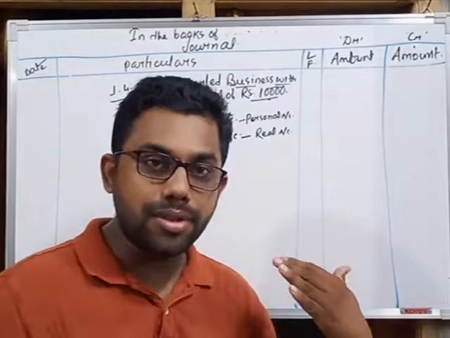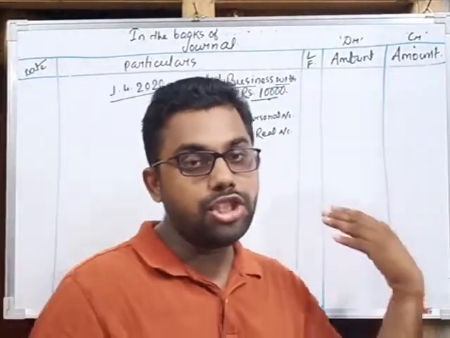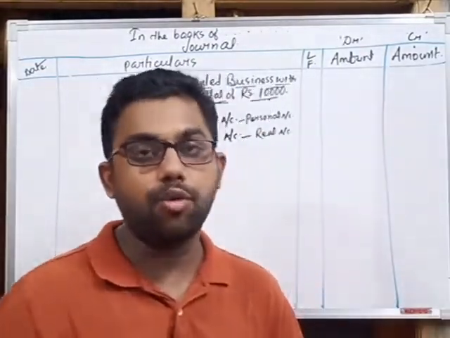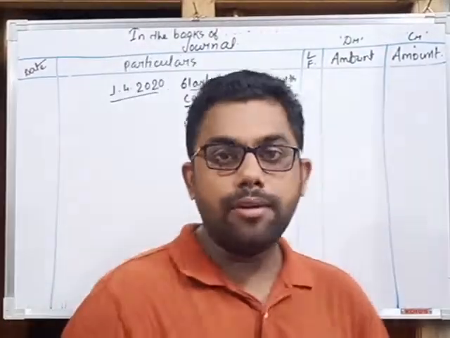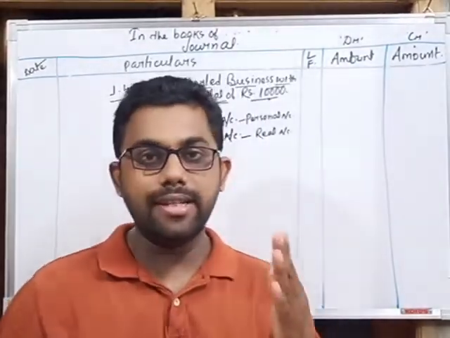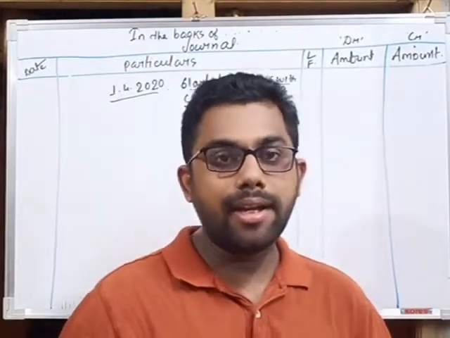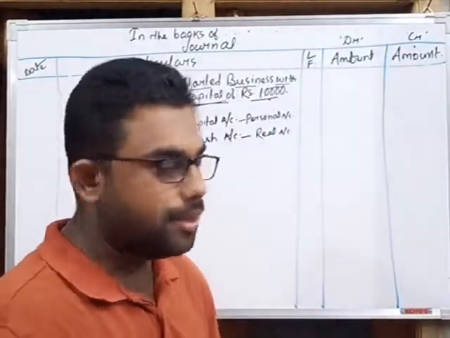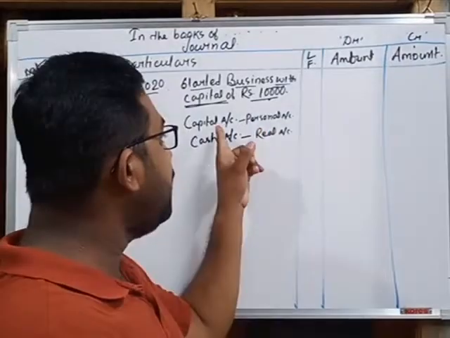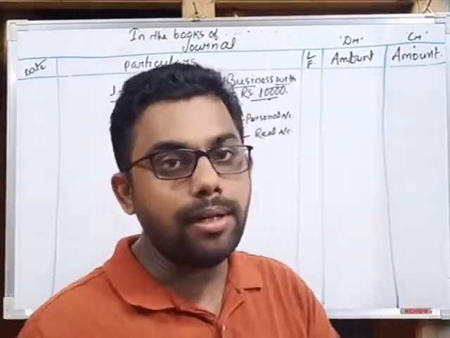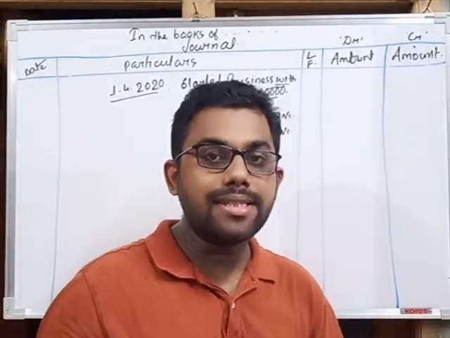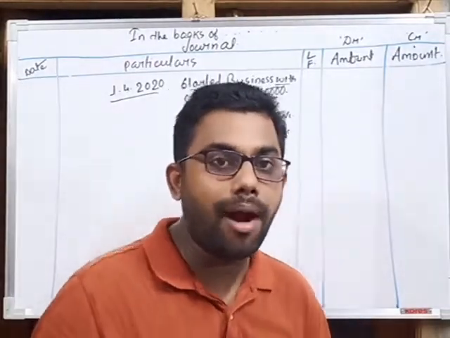Now we have to see which account will be debited and which will be credited. What is the rule for a personal account? For a personal account, debit the receiver of the benefit and credit the giver of the benefit. In this business, the capital is brought in by the businessman, so the businessman is the giver of the benefit.